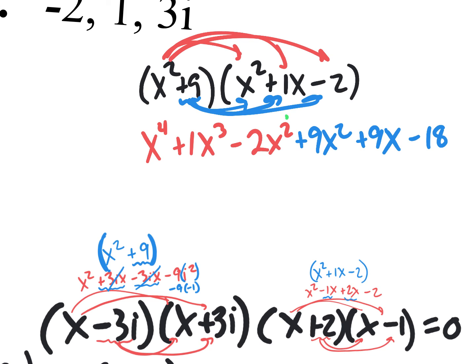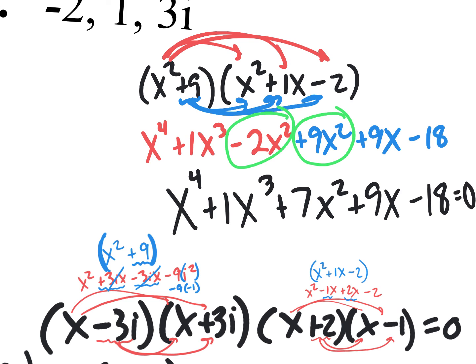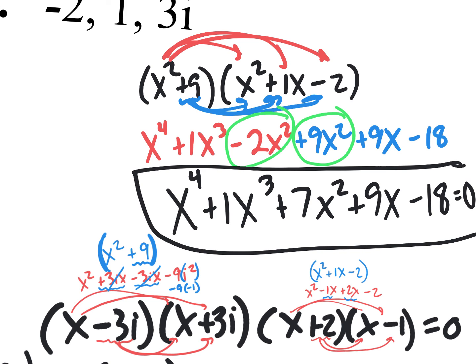You could combine the negative 2x squared with the positive 9x squared, and now you'll have your final quartic polynomial equation, x to the fourth plus 1x to the third plus 7x squared plus 9x minus 18. If you put equals 0, that would be the equation that gives you those answers that we started with.